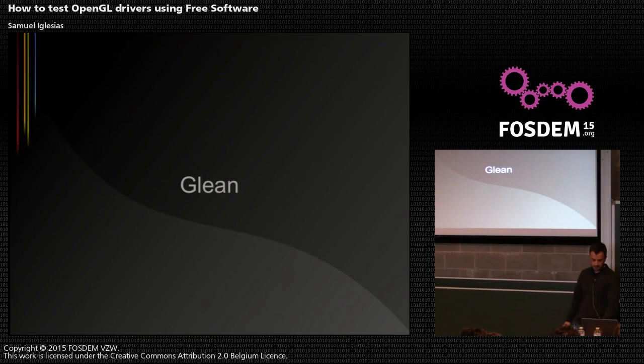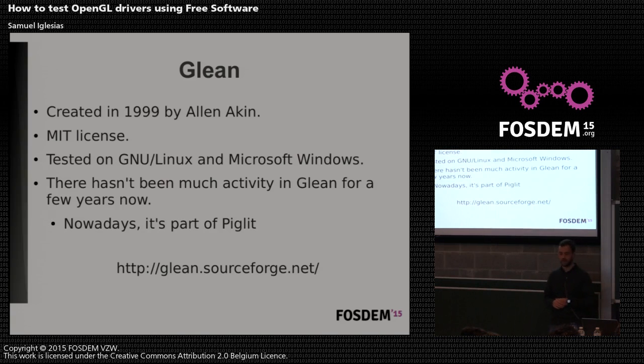The first one is Glean. Glean was created in 1999 by Allen Akin, and it was one of the first ones out there for OpenGL conformance. But what I have seen is that during the last years, there hasn't been much activity around Glean, and it's kind of an abandoned project.